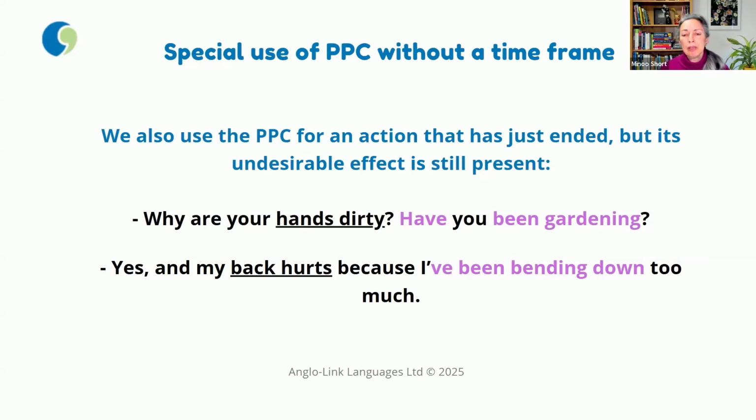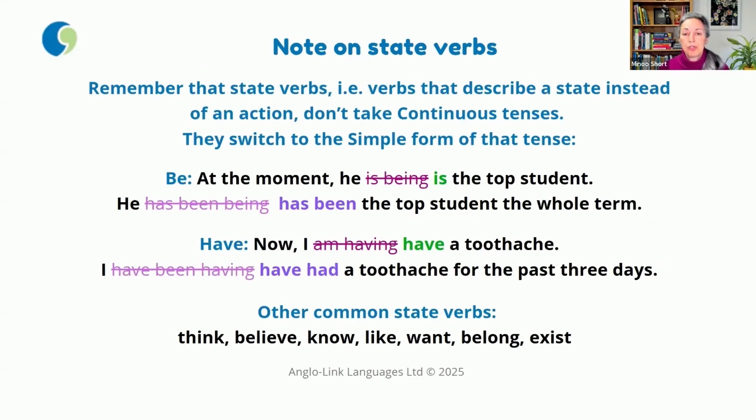Now, the next thing I need to mention is about state verbs. Every time we study continuous tenses, we need to also mention state verbs. Why? Because, as you know, state verbs, these are verbs that describe a state instead of an action, don't take continuous tenses. As you know, they switch to the simple form of that tense. Now, the most common state verbs are be and have.